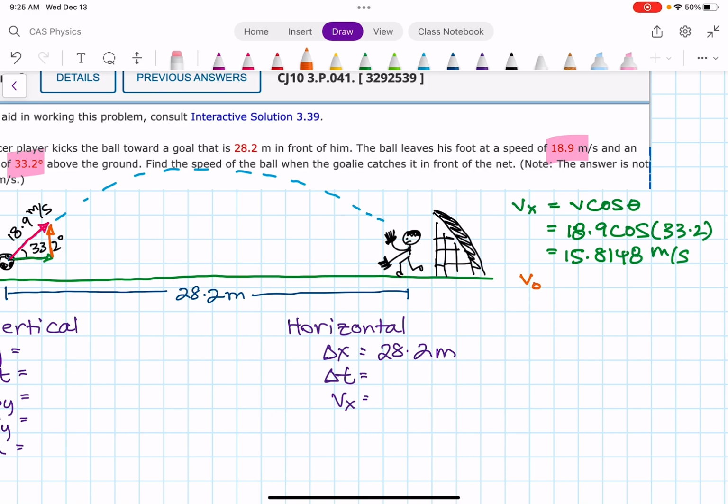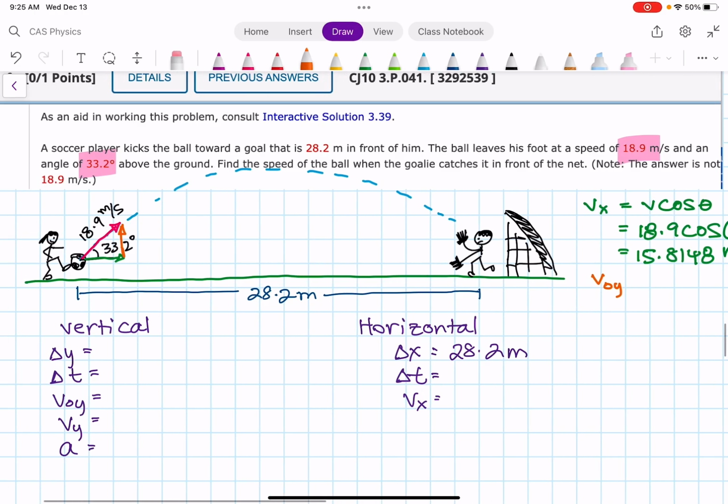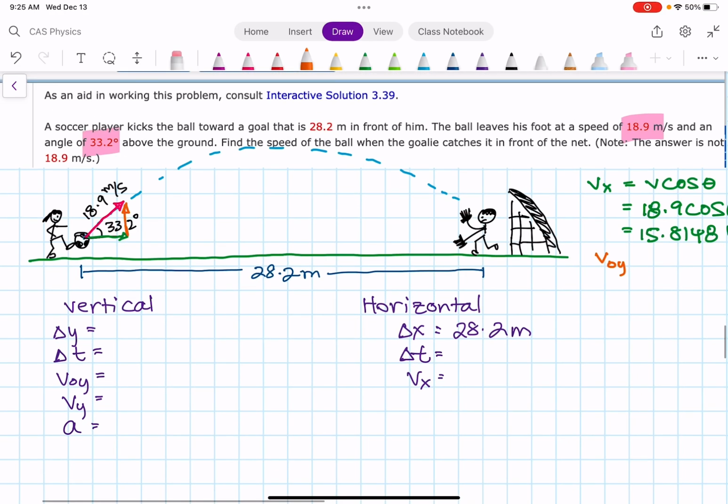Hopefully this makes sense to you. Hopefully by now you understand that this pink vector that I've drawn here refers to the initial conditions. In the vertical, the velocity is going to constantly change because the acceleration in the vertical is negative 9.8 meters per second squared.